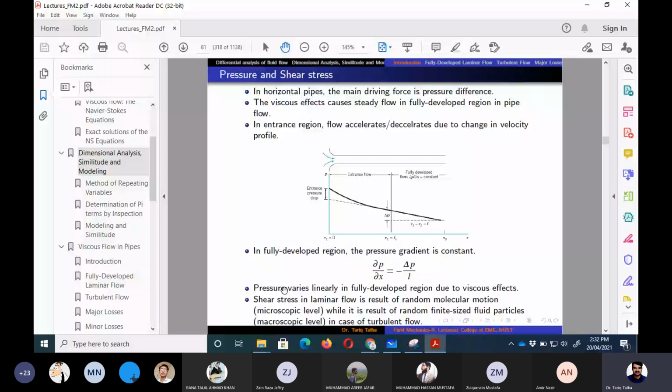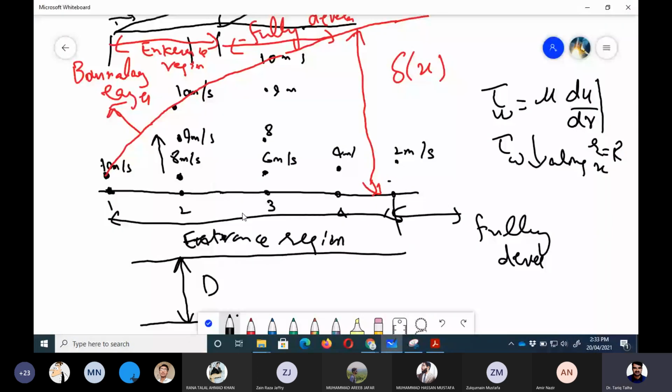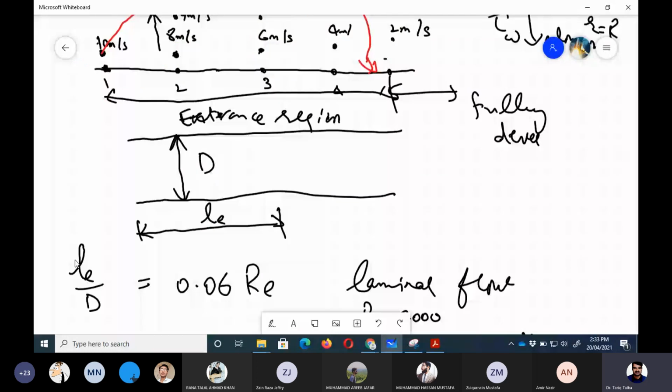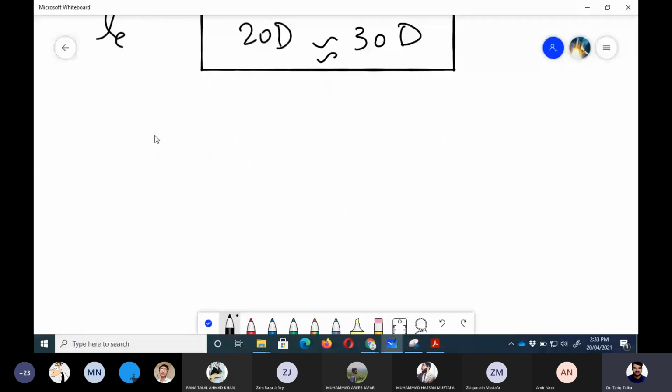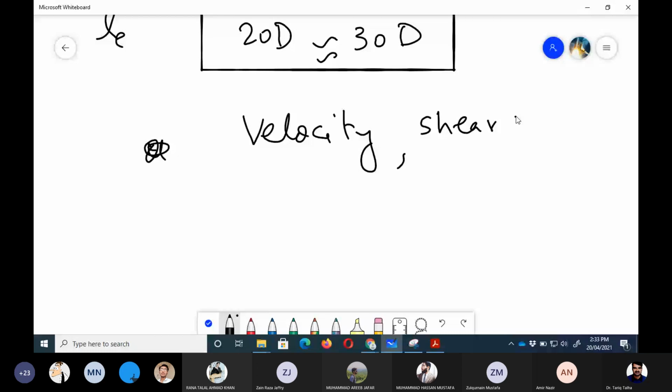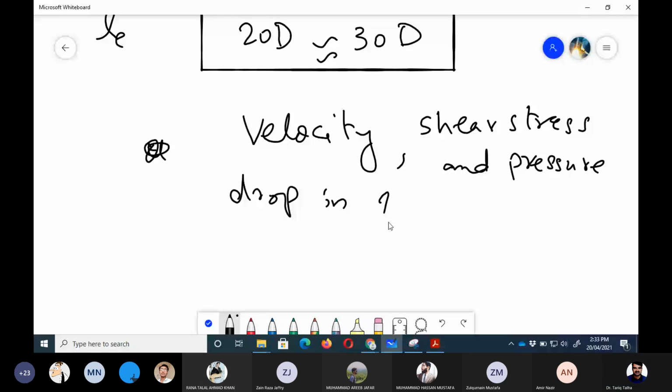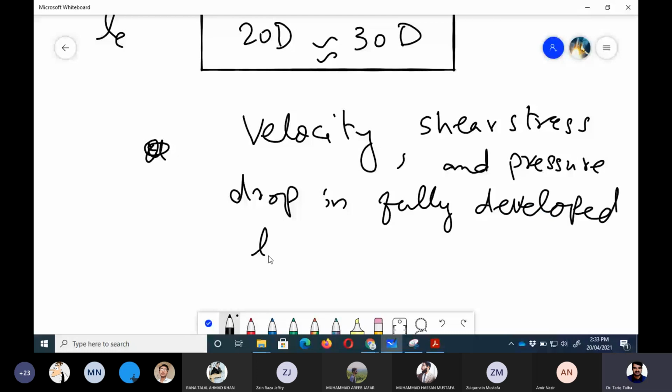So now we need to derive the relation between velocity, shear stress, and pressure drop in fully developed laminar pipe flow.